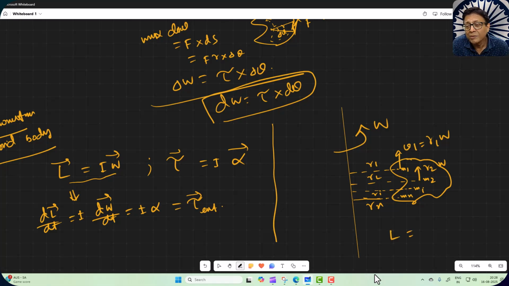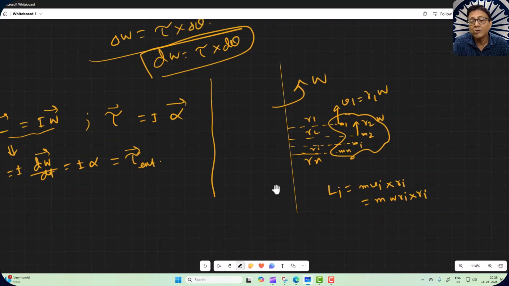So L will be what? m v1 into r1. What is v1? Omega r1 into r1. If you take it for the ith particle, m vi into ri. So Li is going to be what? m omega ri square. Okay?